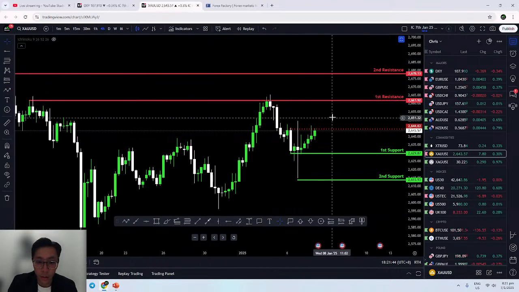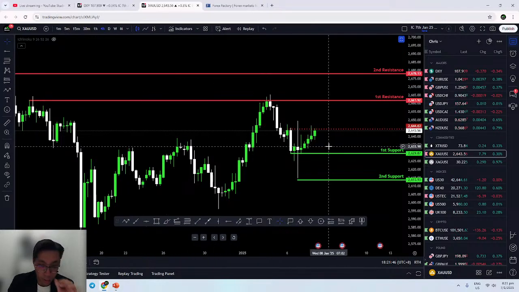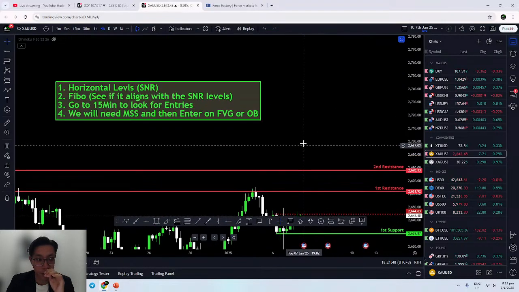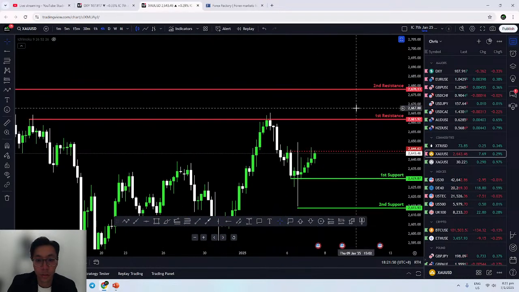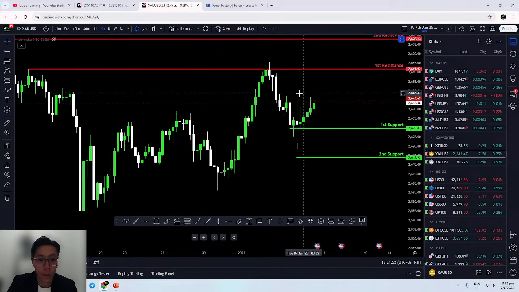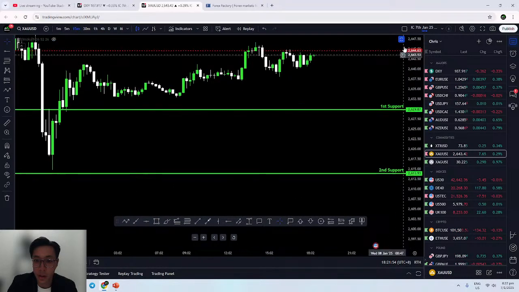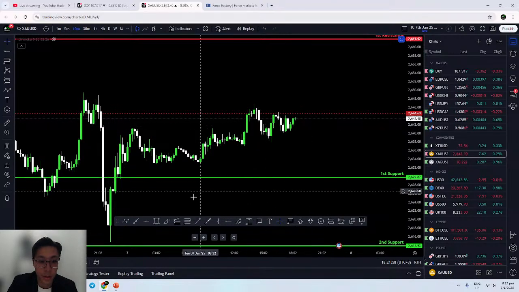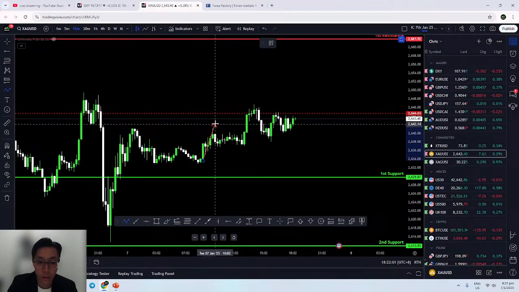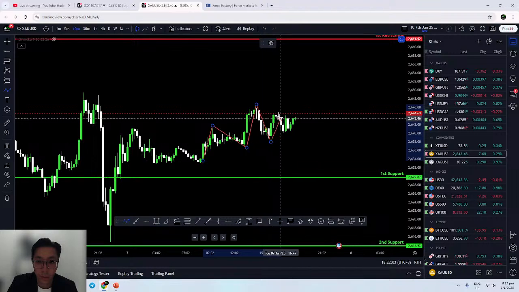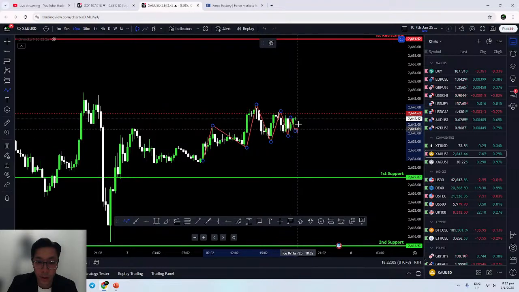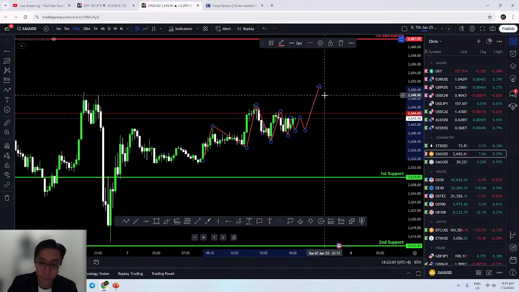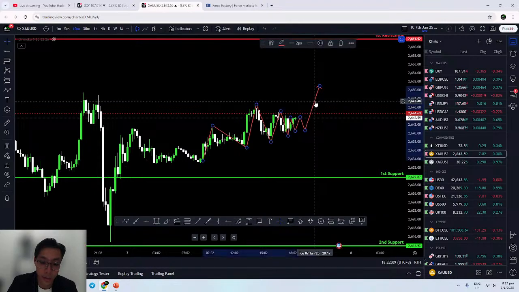Let's see, so what's next? Fib we don't have. So what are we looking at? We are looking to see if price, yep, usually this kind of market structure, then we have consolidation about now. Usually it will just break. So how should you enter based off this?